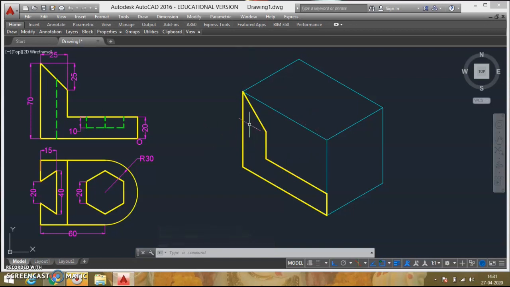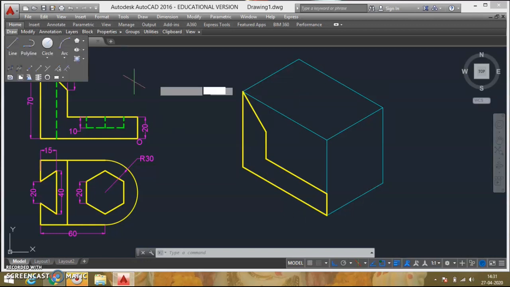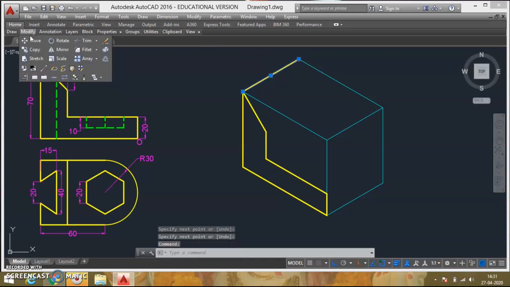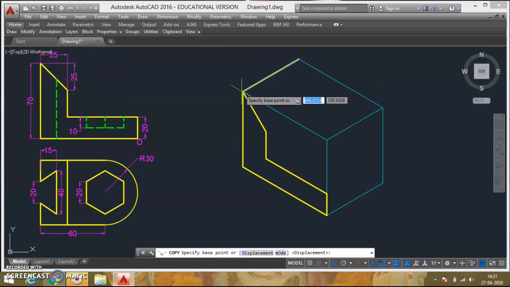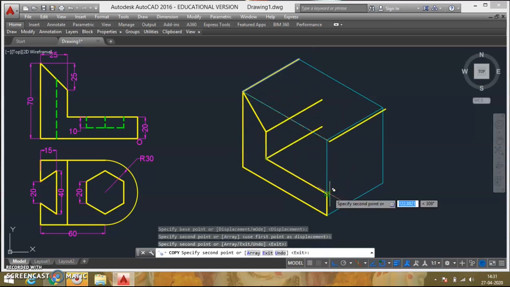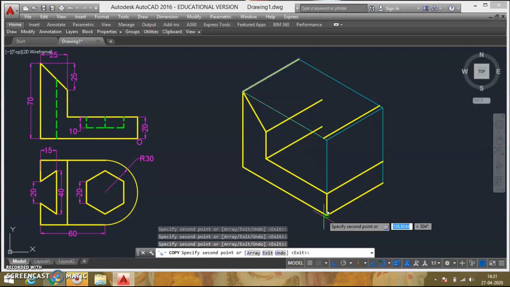Now once you do this, I'll project all the points back to get the solid form. So I'll draw a line here and then I'll draw the parallel lines to this line. I'll draw one parallel line passing through this point here, then to this point, then to this point, and then to this.